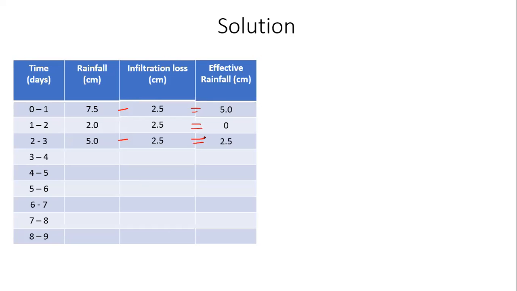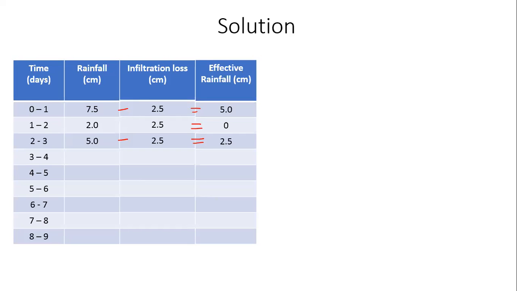Up to this point, everything is exactly the same as how you would solve a typical problem if you're given the unit hydrograph. Instead of giving you the unit hydrograph, in this problem you are given the distribution graph. Let us say you were given the unit hydrograph.